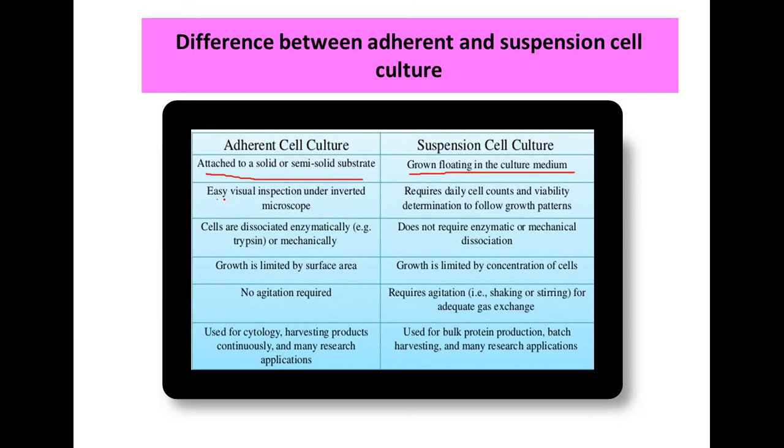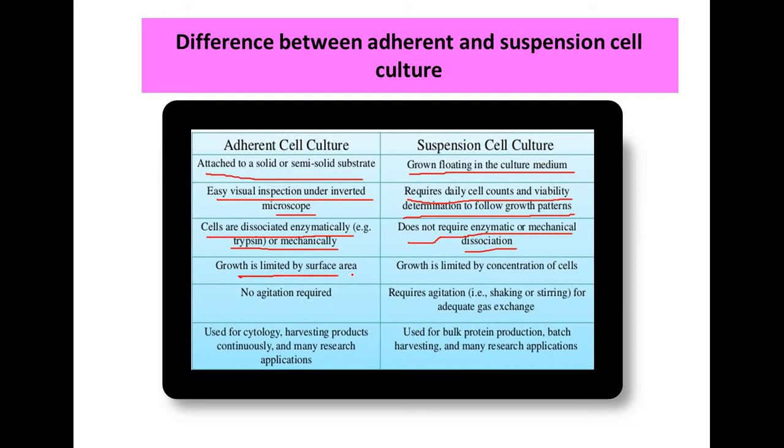Second, adherent cells allow easy visual inspection under an inverted microscope, but for suspension cells you require daily cell count and viability determinations to follow the growth pattern. Adherent cells are dissociated enzymatically like with trypsin, or mechanically, but suspension cells do not require enzymatic or mechanical dissociation.